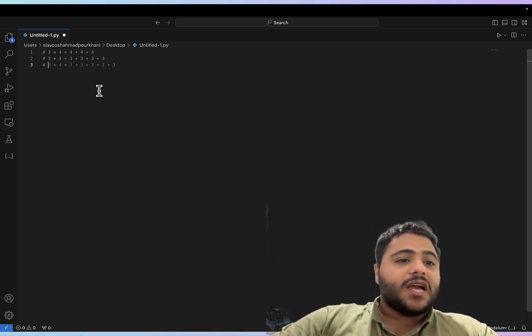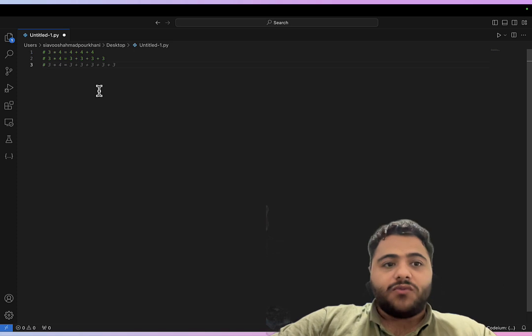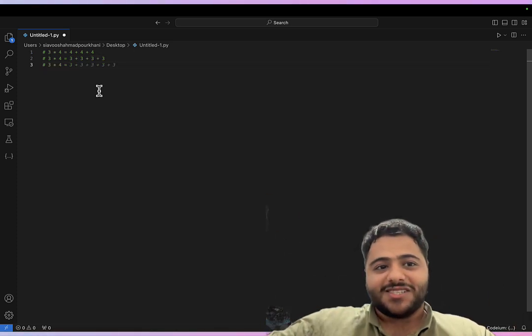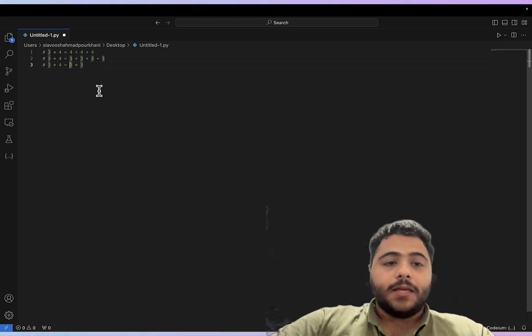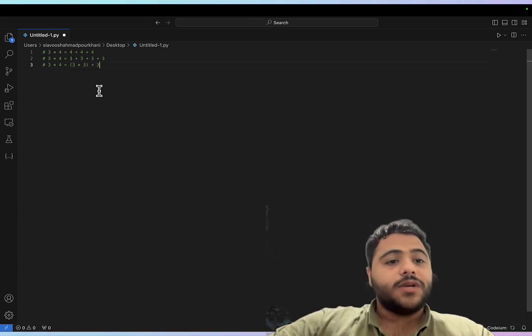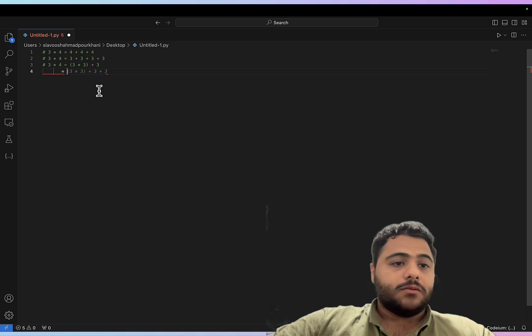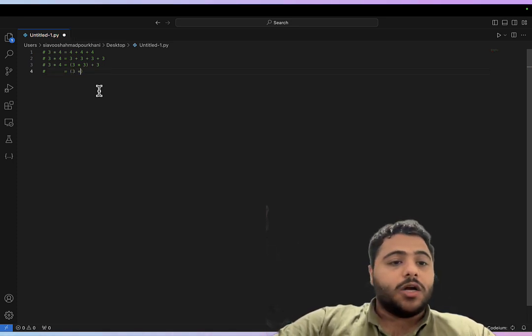So imagine that you want to multiply 3 by 4, and the AI is just suggesting some nonsense, so just ignore it. You can write this as 3 times 3 plus 3, and for the 3 times 3 you could just write 3 times 2 plus 3 plus 3.